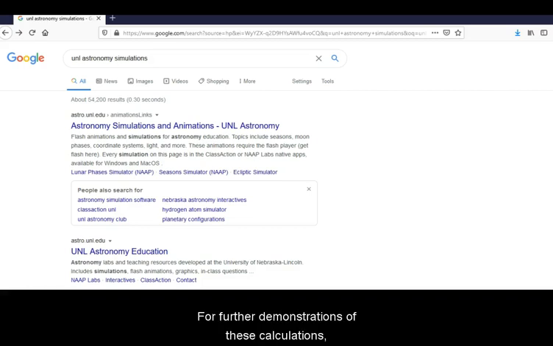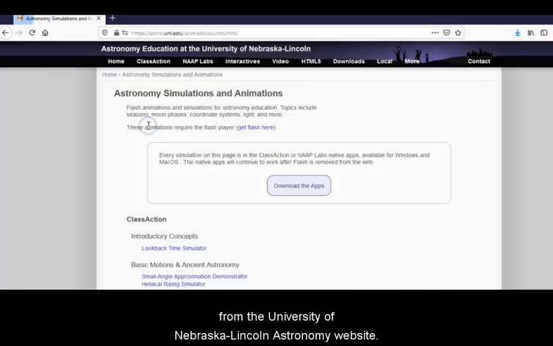For further demonstration of these calculations, we now turn to the simulator from the University of Nebraska-Lincoln Astronomy website.